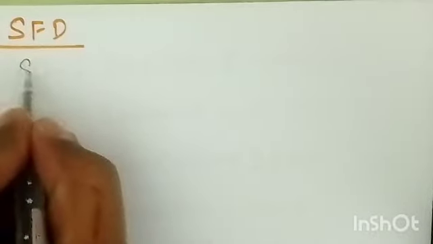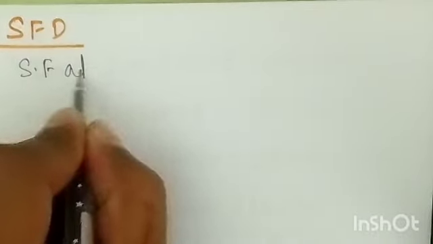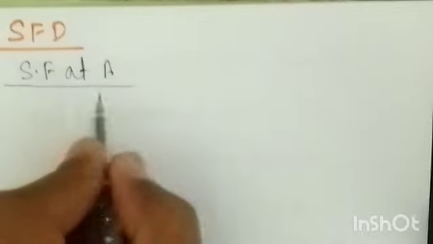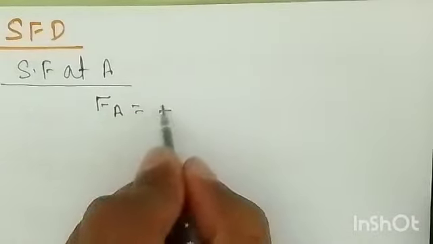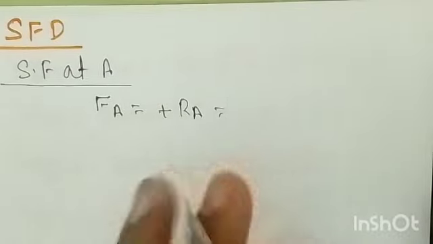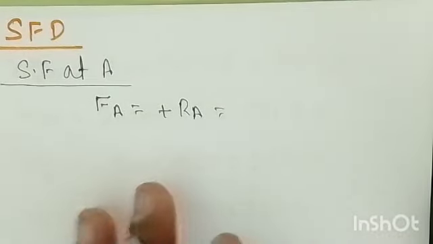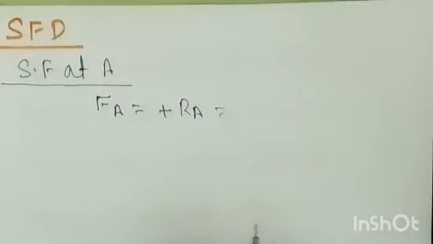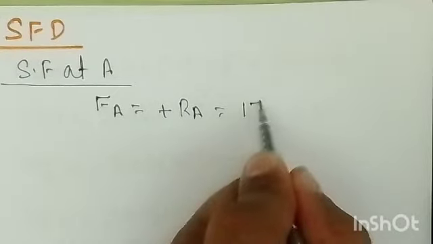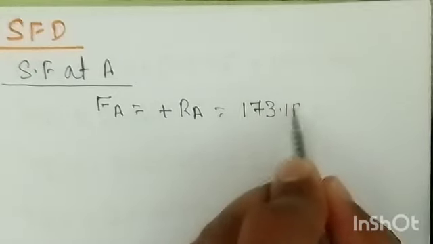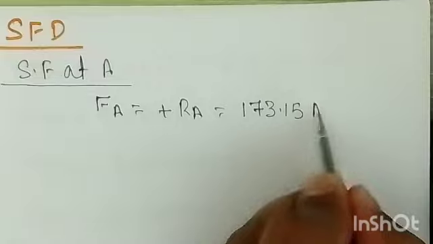First of all we will say the shear force at A. Shear force we are saying F, so F suffix A means plus RA. Left side upward will be positive. And what is the RA value you got? RA value is nothing but 173.15, which we have just calculated. This is in Newton, right?